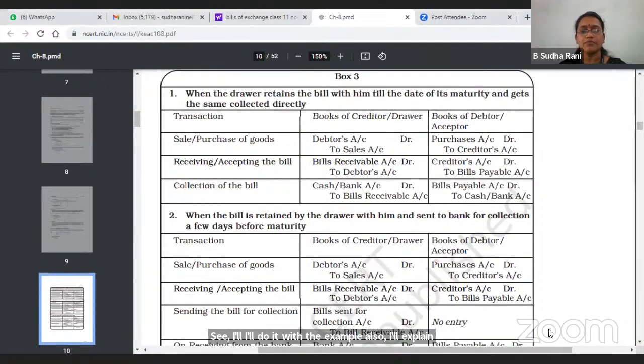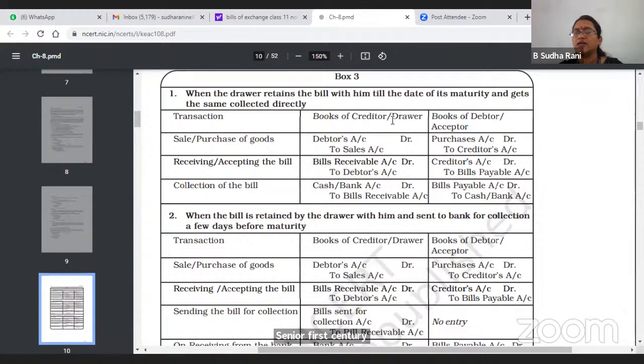Okay. See, first situation, when the drawer retains the bill with him till the maturity date and the bill is honored. See here, first entry for sale of goods in the books of drawer and in the books of drawee.